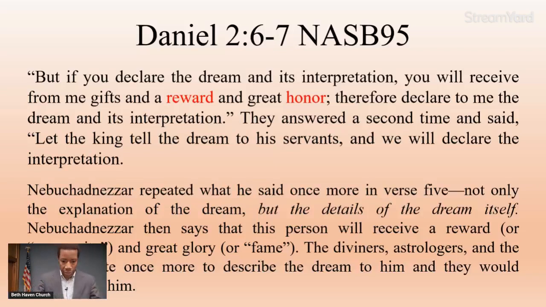They will be recognized throughout the kingdom of Babylon, right? If they can do this. Once more, the diviners, astrologers, and the enchanters or the conjurers stated once more to describe to them the dream, and they would explain it. Again, perhaps he didn't hear that. Maybe we need to repeat this again.